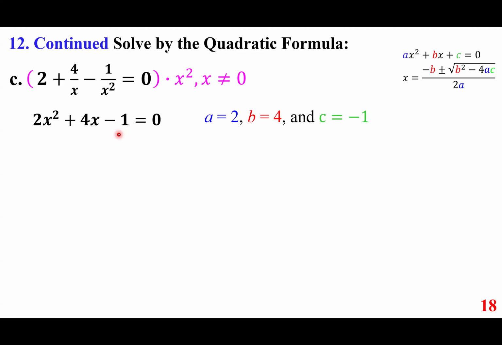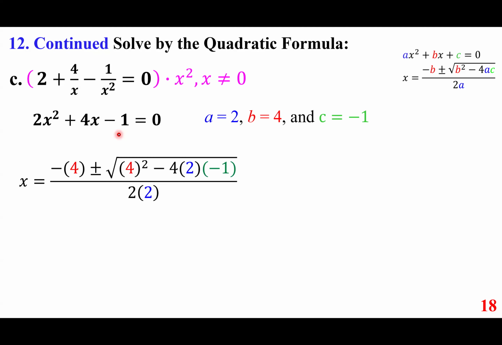Plug in. Minus b is minus 4, plus minus the square root of b squared, that means 4 squared, minus 4 times a, which is 2, times c, which is negative 1. Negative times negative is positive. 24.